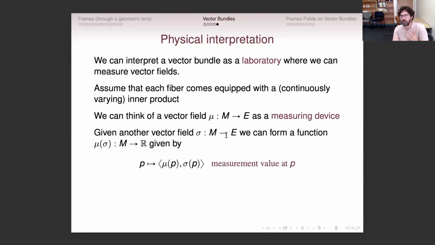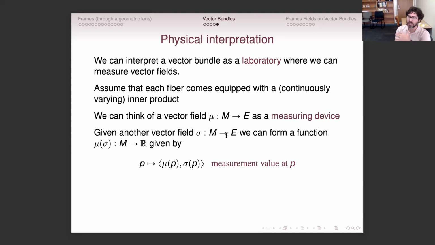And that measuring device will be able to measure the wind speed at every point. It'll give me a number saying, this is the eastward component of wind at this point. I guess you have to be a little worried about what I do at the North and South Pole where east doesn't really make sense, but let's not focus on that too much. It's an interesting question, but maybe we won't think about it too much.